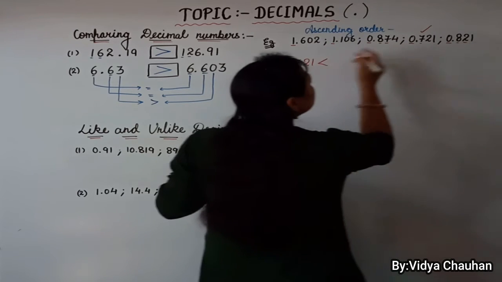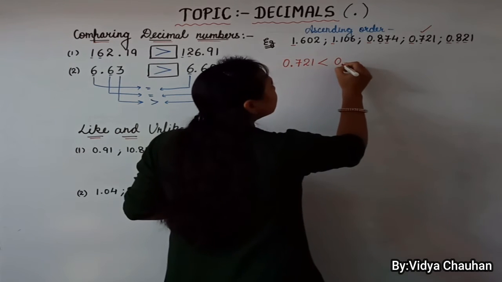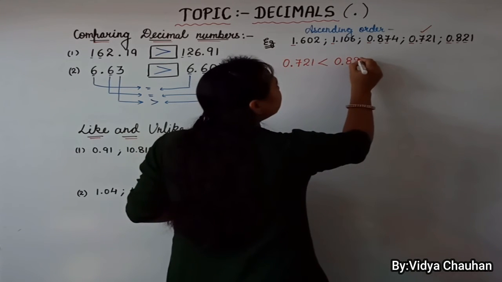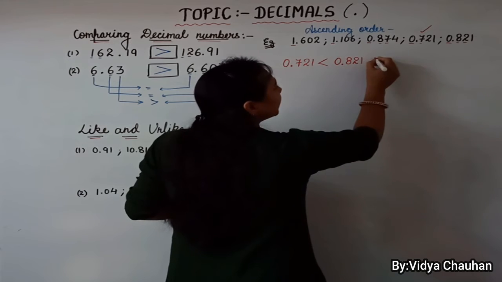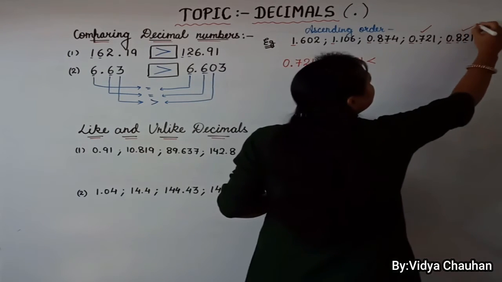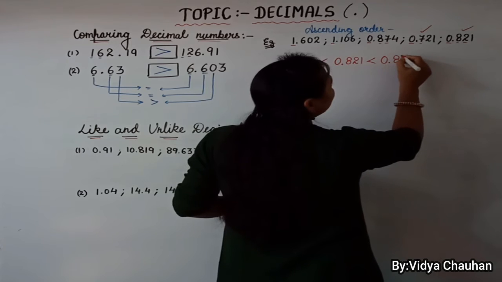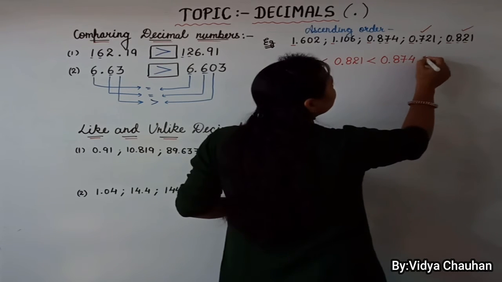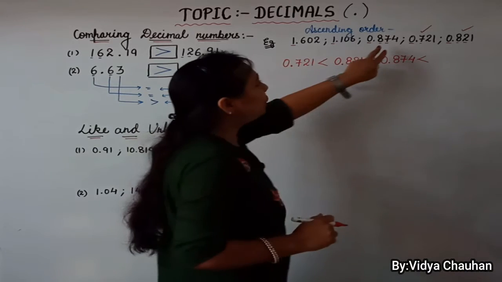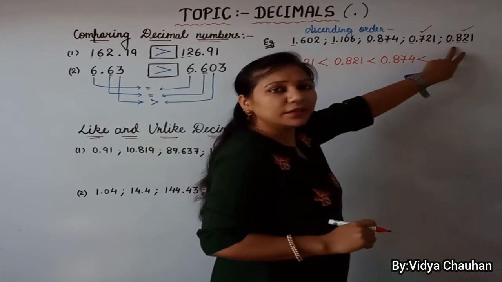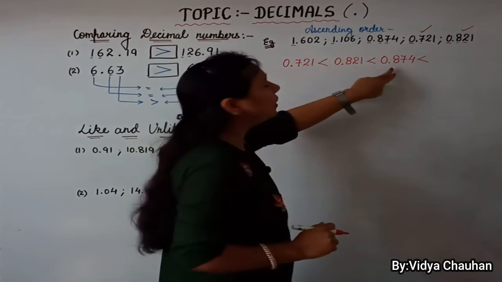That means 2 is smaller. So here the next greater number is 0.821. So we are done with this also. After that, the next greater value will be 0.874. Clear, students?